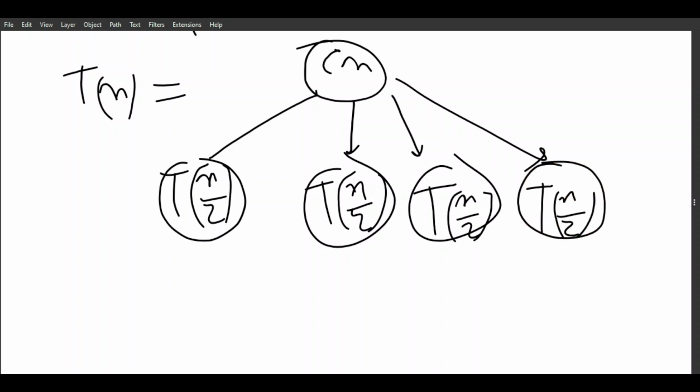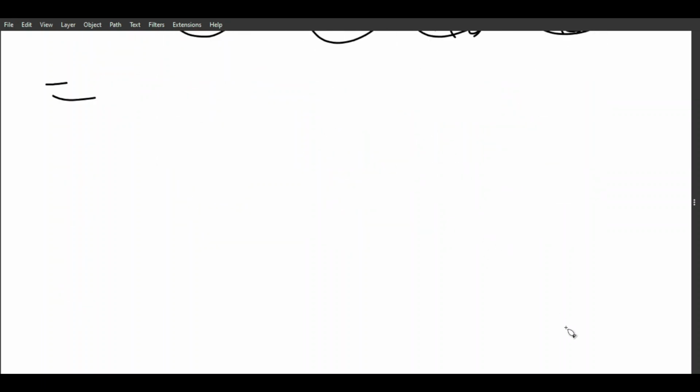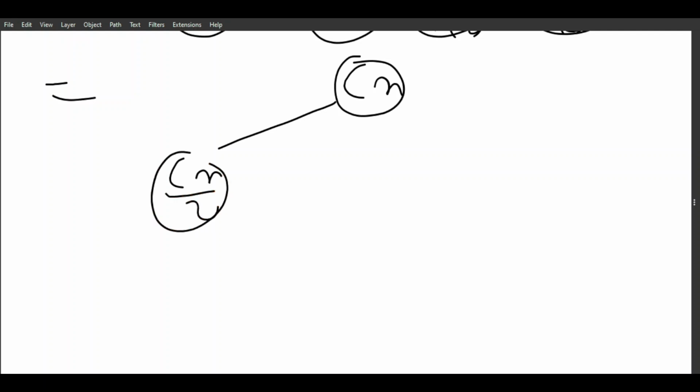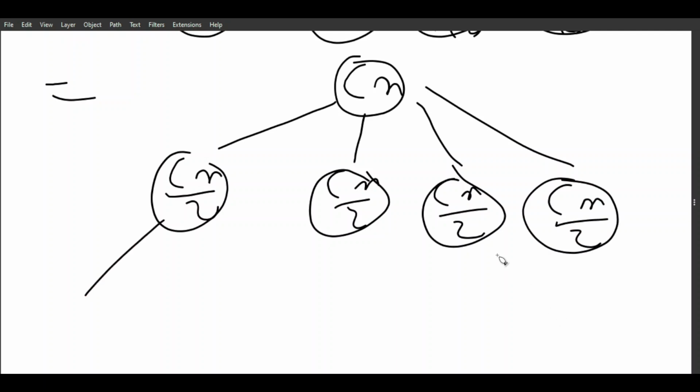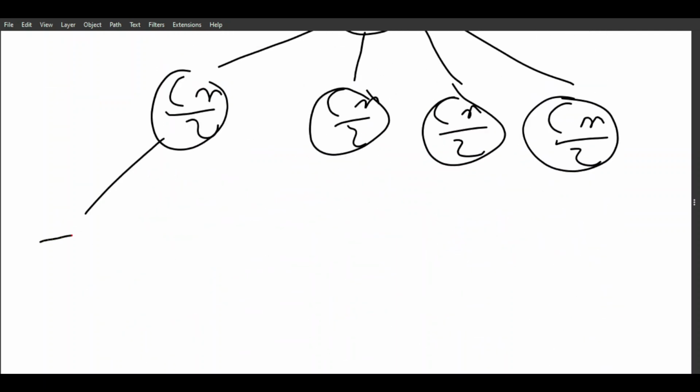So again just continue. At the next level, each of the 4 children will break, leaving root Cn by 2. So next it will become like this, Cn by 2 4 times, and then at the leaf level we have Tn by 4, having 4.